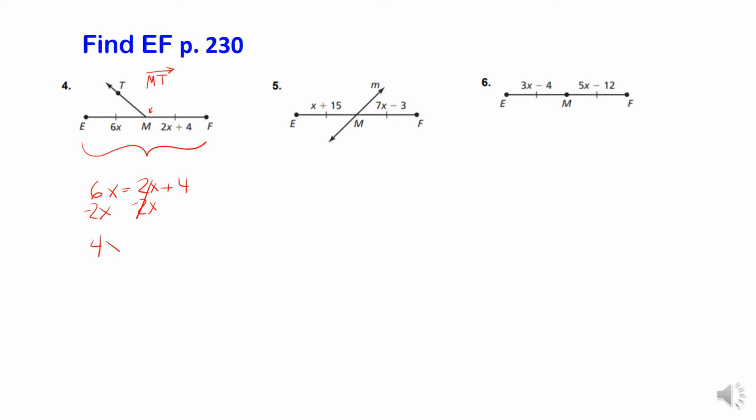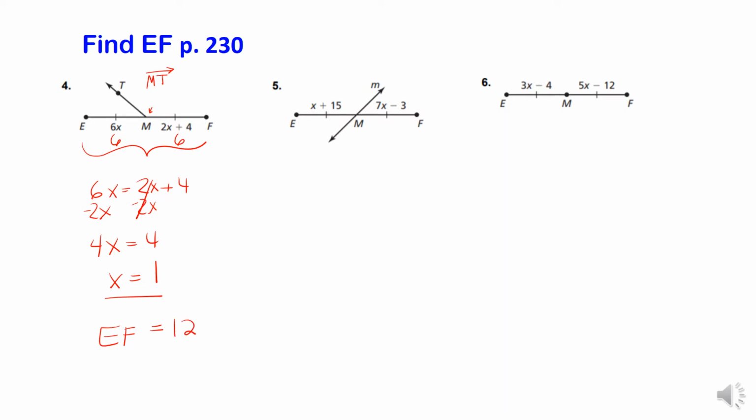I get 4x equals 4, so x equals 1. Okay, now that I've solved for that, I'm going to go back in here. 6 times 1 is 6. 2 times 1 is 2, plus 4 is 6. And the whole distance I'm looking for is EF. So EF equals 6 plus 6, which is 12.